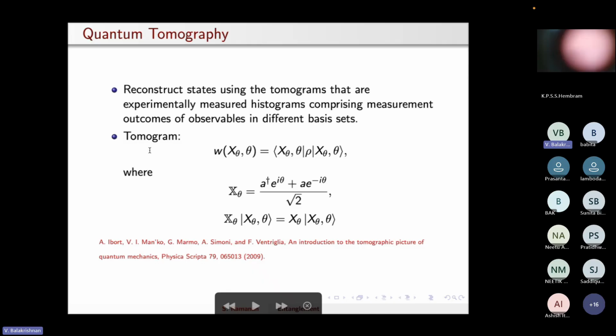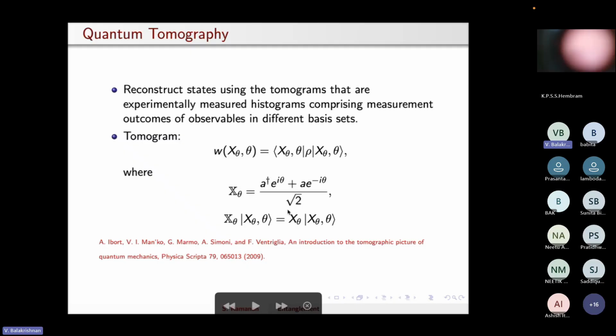Just to recap and connect, you define the optical tomogram as the diagonal matrix element of the density matrix, and for different values of theta you have different quadratures. Here, with this oscillator problem, you could either work in position space or Fourier transform the wave function to momentum space.